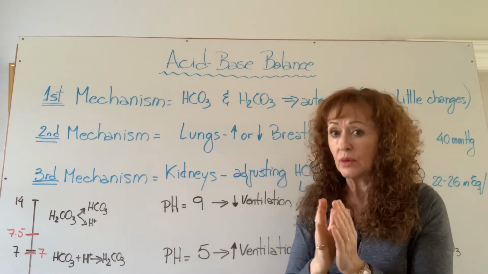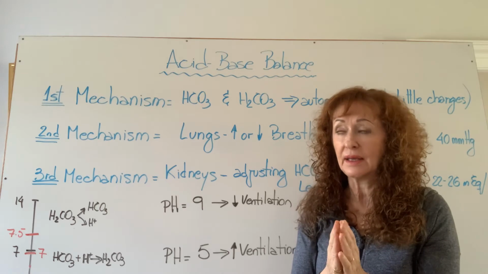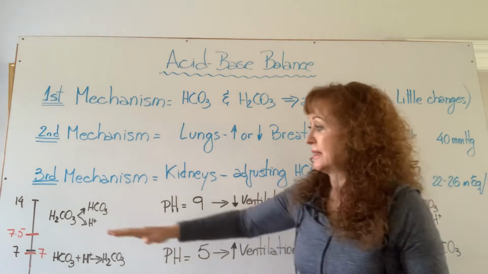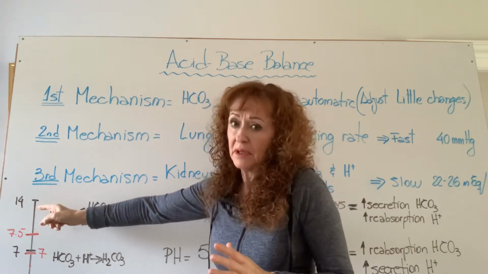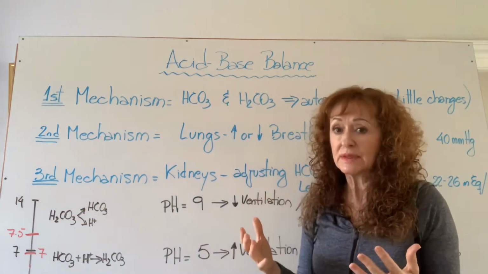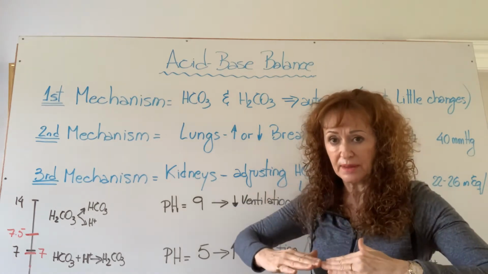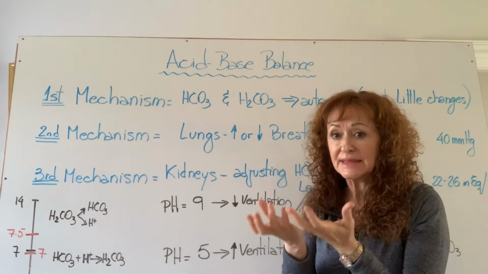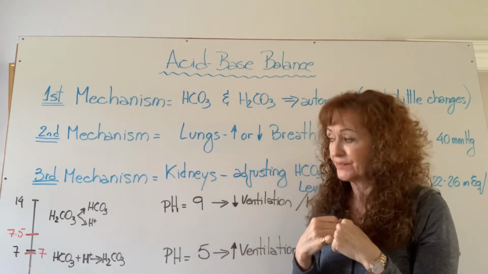So how can we increase the amount of hydrogen? In this case the pH reaches, for example, 8. The levels of hydrogen are reduced, so we are going to reduce the breathing rate. By reducing the breathing rate, we eliminate less carbon dioxide and we keep more hydrogen.